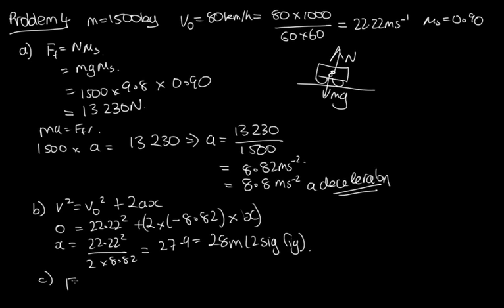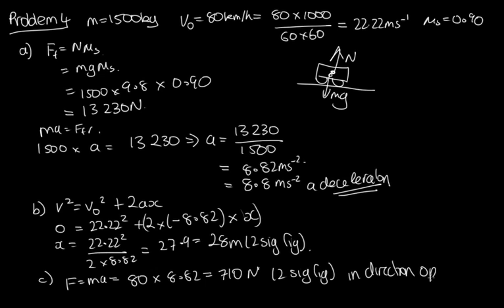So the net force, F is equal to ma, is just the mass of the driver times the acceleration, and so this is just equal to the 80 times 8.82, which is equal to 705, which is equal to 710 to 2 significant figures, newtons, in direction opposite to original motion, as this force is acting to slow the driver down.